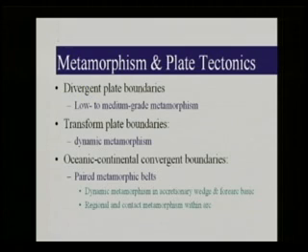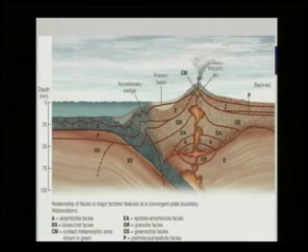Paired metamorphic belts involve dynamic metamorphism in the accretionary wedge and the forearc basin of the subduction zone, as well as regional and contact metamorphism within the arc itself, within the continental volcanic arc. So we have, again, dynamic metamorphism in the wedge and the forearc basin, and we have regional and contact metamorphism within that volcanic continental arc.